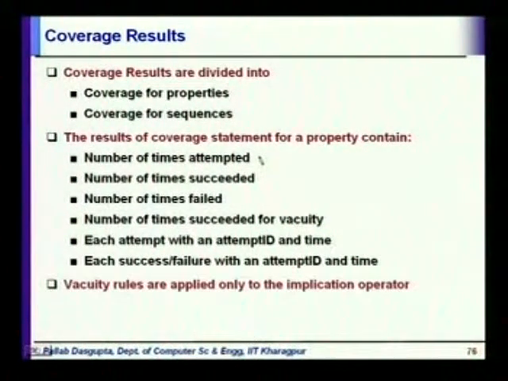It should display the number of times the property was attempted, the number of times it matched, the number of times it failed, the number of times it succeeded because it vacuously succeeded, each attempt with the attempt ID and time, right. So, every time it starts matching the property, it assigns an attempt ID with it, and there is a time at which you start the matching, right. Each success or failure with an attempt ID and time.